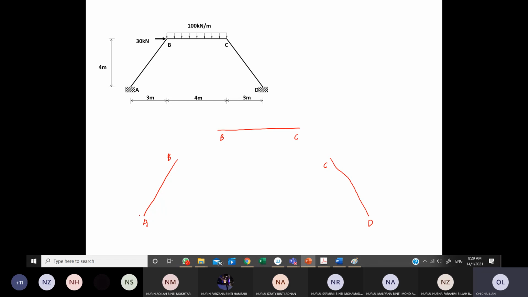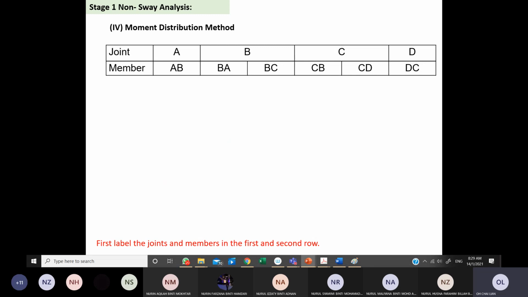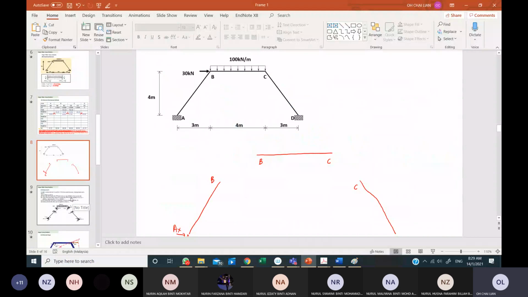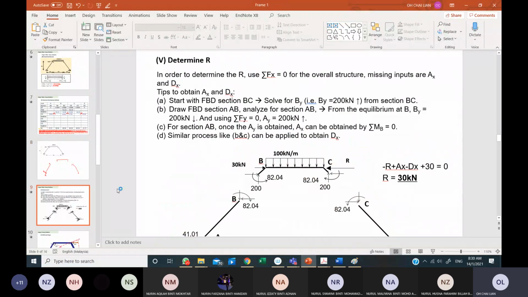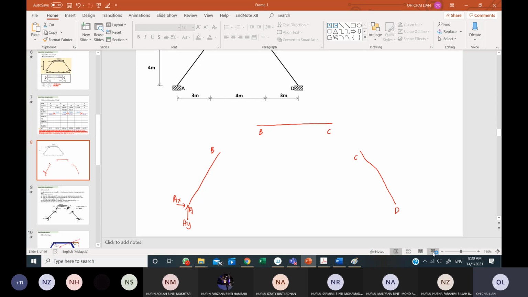So we have AY, we have AX, and we have MA. I want to know the direction because I calculated.